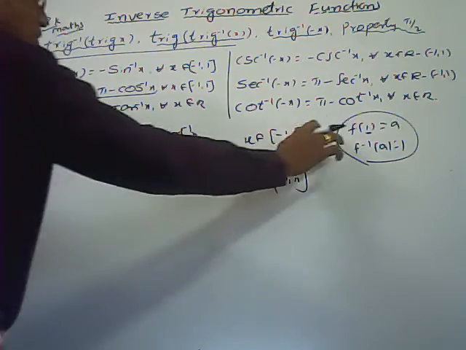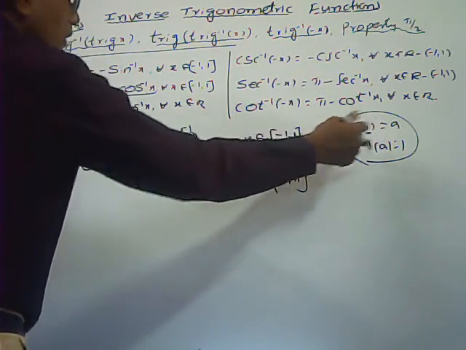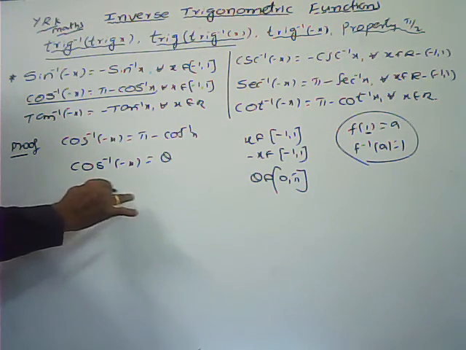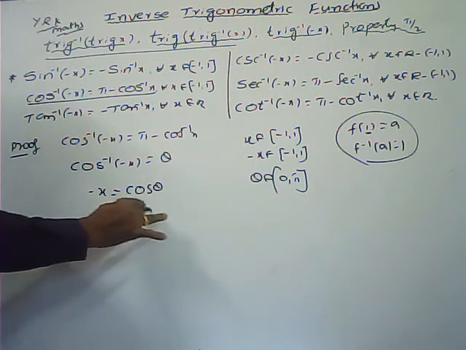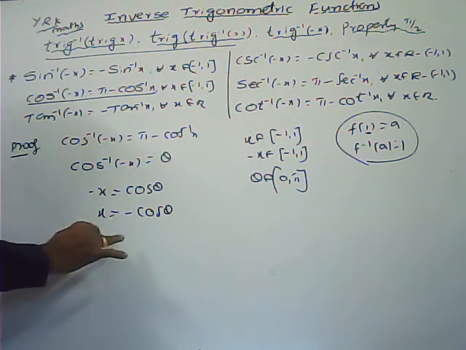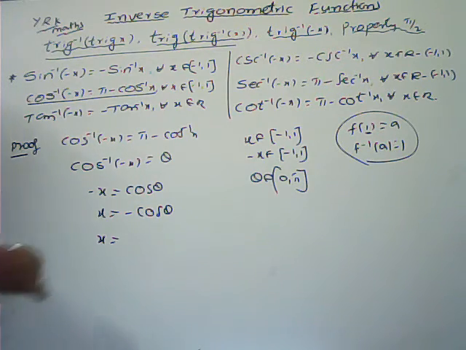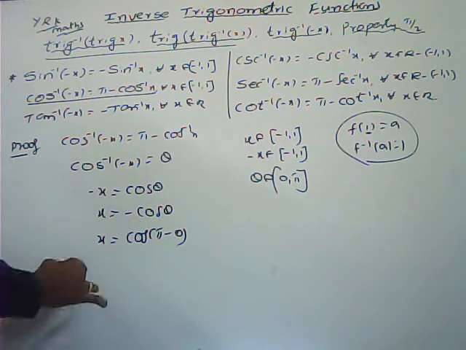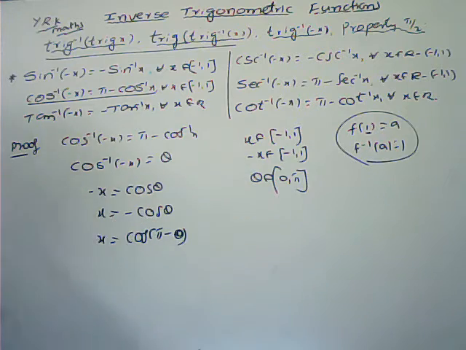So we can write minus x equals cos theta, and x equals minus cos theta. Minus cos theta we can't write as cos of minus theta. How to write that one? Cos of 180 minus theta, that is cos of pi minus theta. Now if theta belongs to 0 to pi, pi minus theta also belongs to 0 to pi.